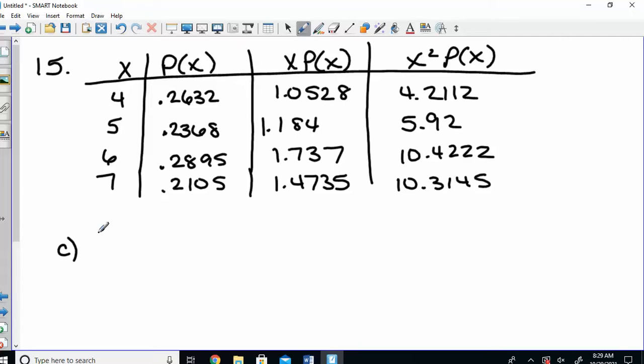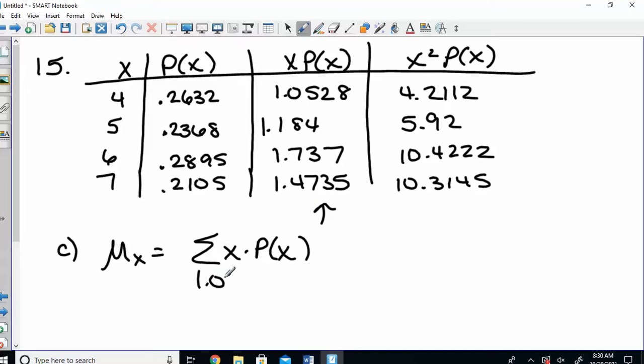So look at your formula sheet. Did I say anywhere that this was binomial? No. And in fact, if I had you calculating your xp of x and x squared p of x, it's not binomial. We're doing the other one on here. So just for the mean of your random variable, it says on here, what does this funny looking E mean?